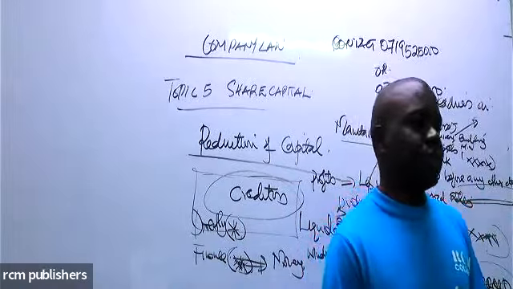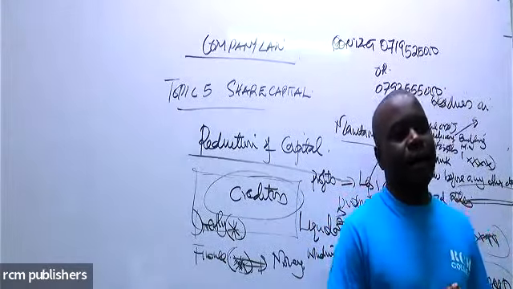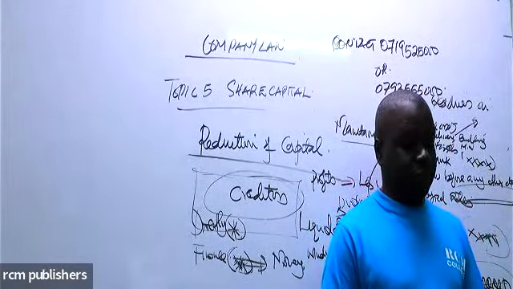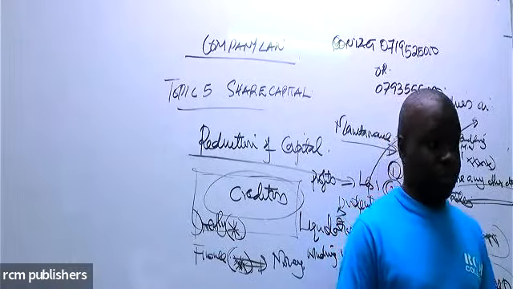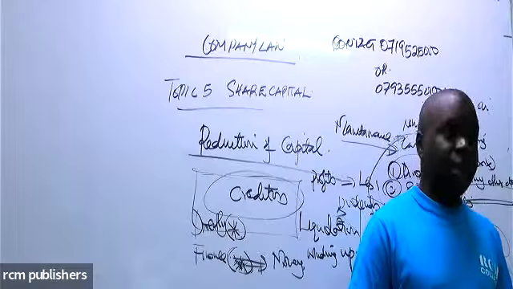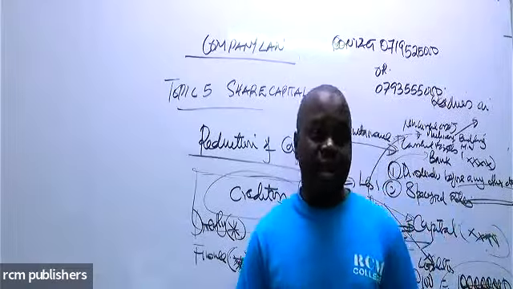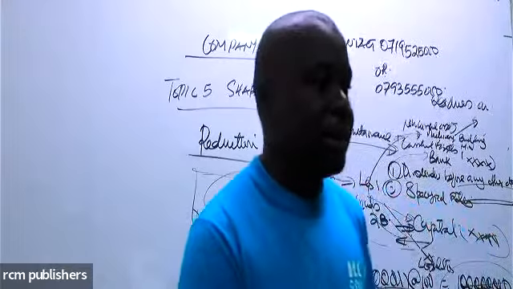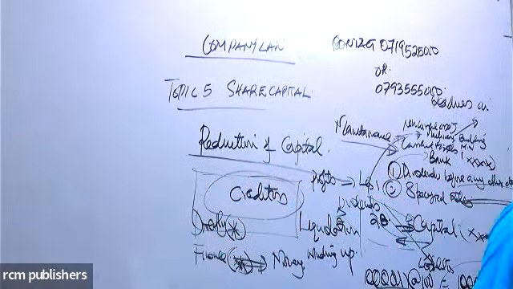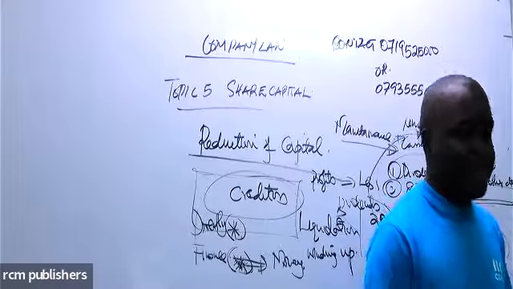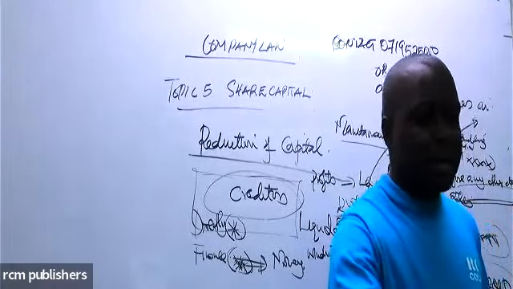Apart from forgery, negligence on the part of the outsider. If the directors acted beyond their apparent authority.